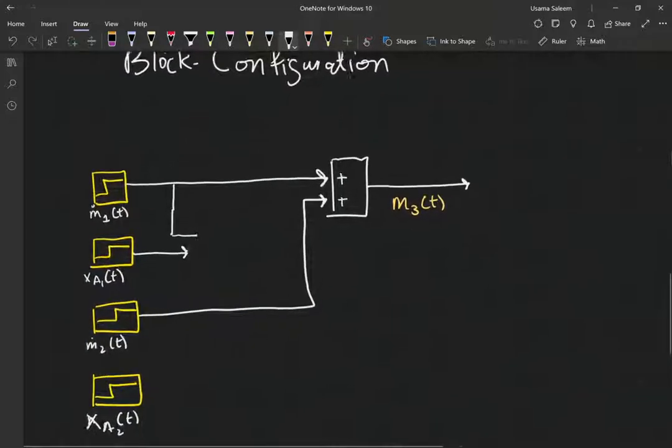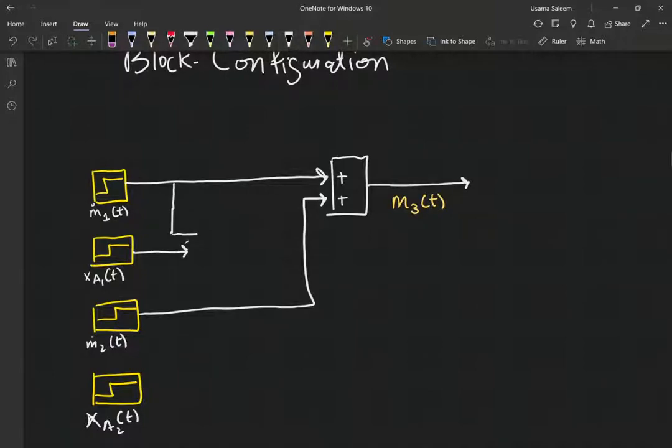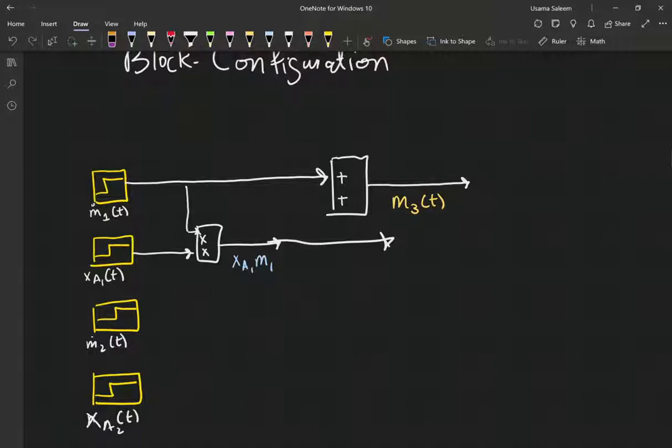That's the product, and I'm going to label it as XA1 times M1. I keep forgetting, I believe the horizontal is the one that's dominant when you're drawing your flow sheets, but it doesn't really matter. We're just sketching right now.